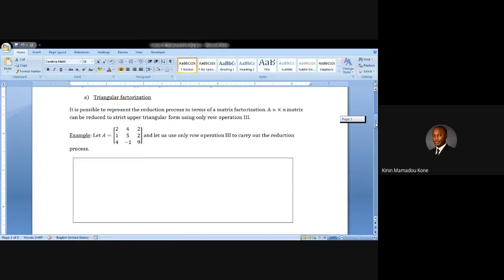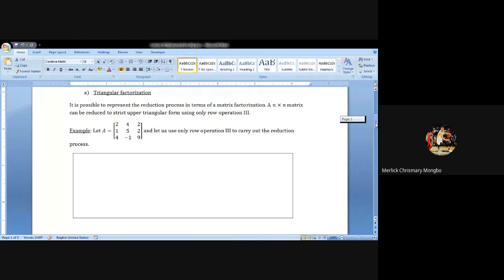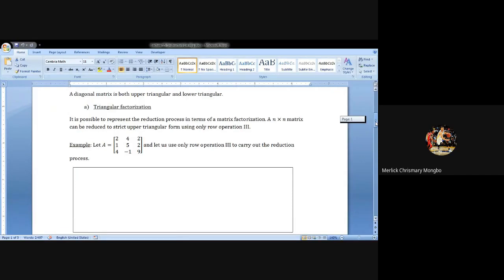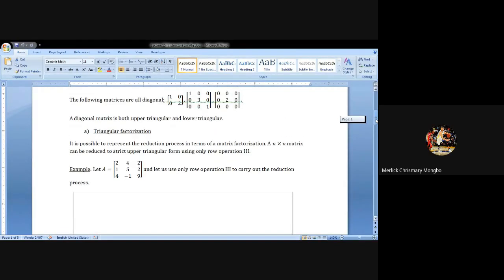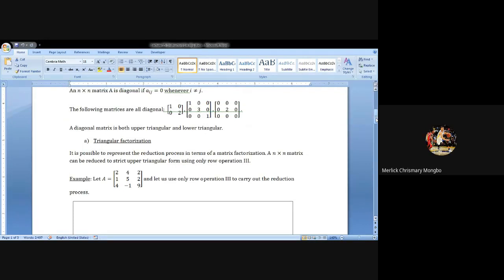So let's move on, Sir, to the three examples that you showed just above. The last one, i is equal to j, but it is zero. If I understood well, normally if they are different, that means they should be zero.